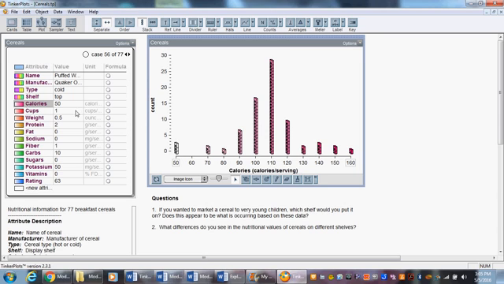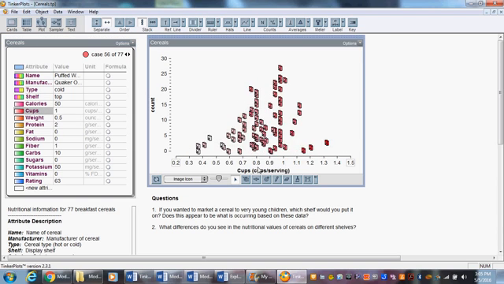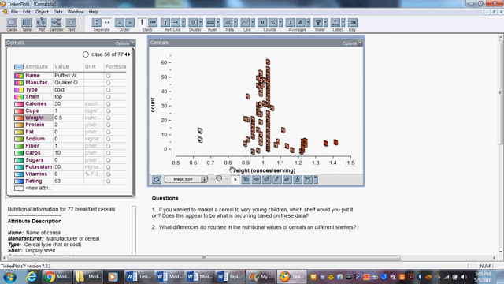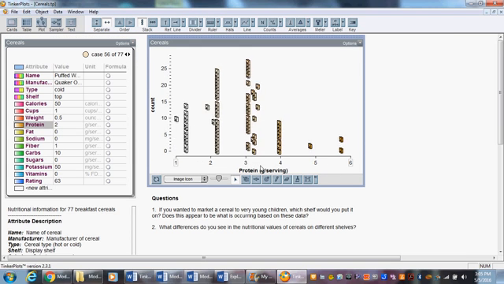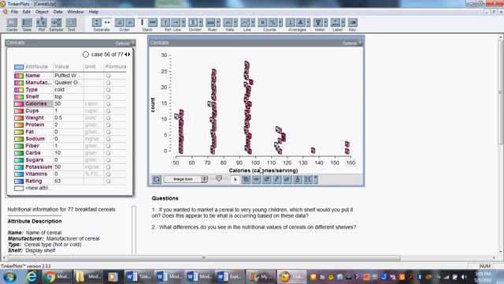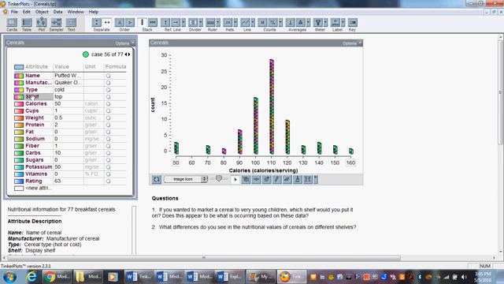Remember we can drag different variables to the axis so it changes, and we can see how our dot plot changes as we do that, and so on. Let's go back to calories, and let's color these icons by shelf. So remember, this is where they're displayed in the store.